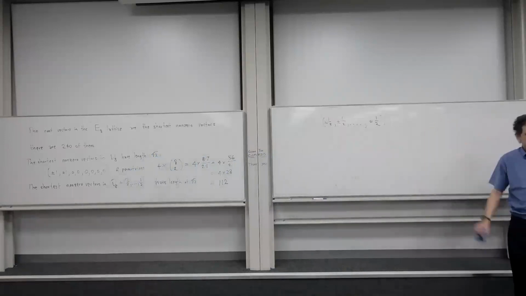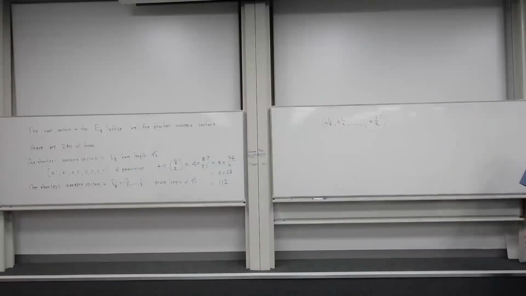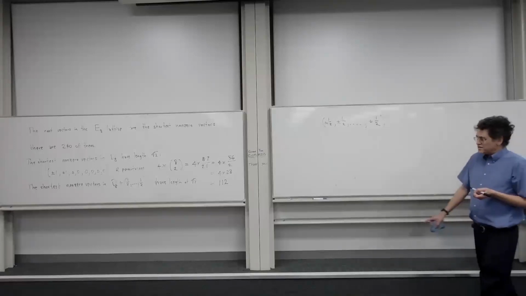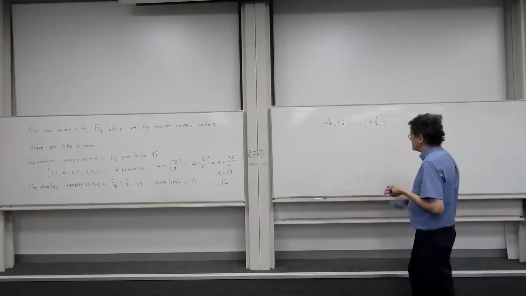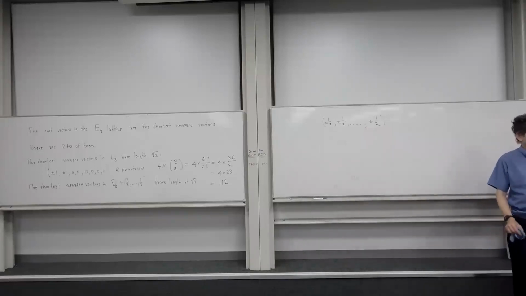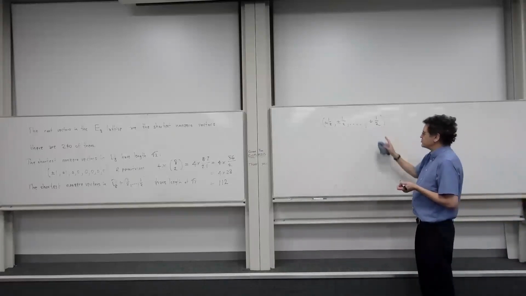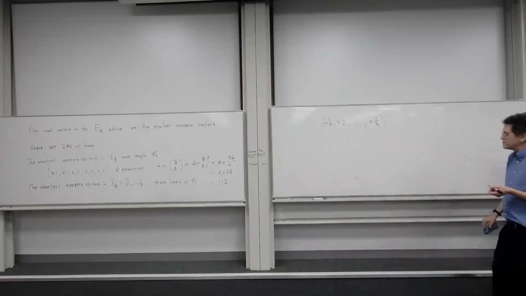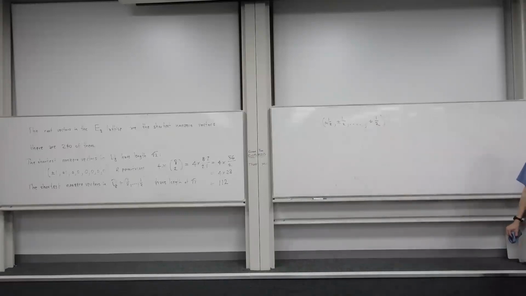Well, how many are there of these? 2 to the 8th, yeah. But the problem is that for the guys in the E8 lattice, when you add these all up, it has to be an even number. You may remember that. So that's not true of all of these. We could pick these so that they add up to an odd number as well.